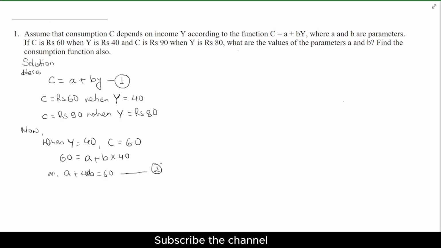Now moving towards the next. What is given?